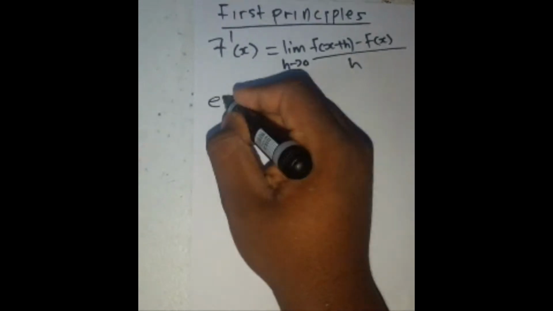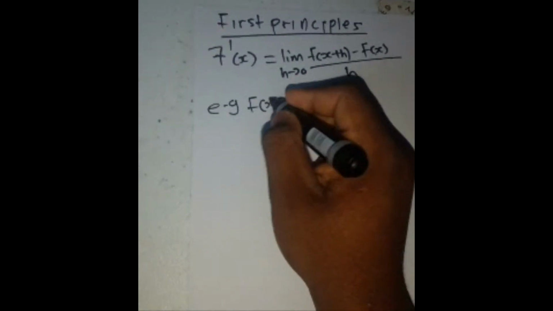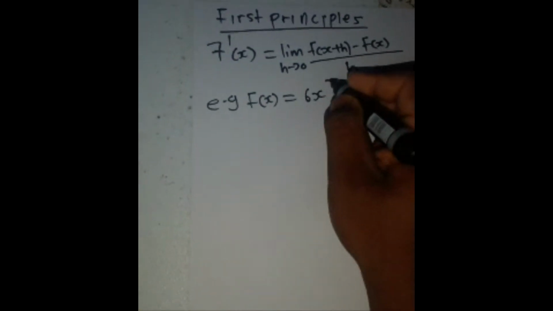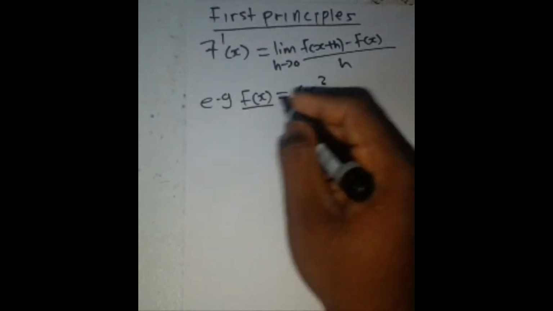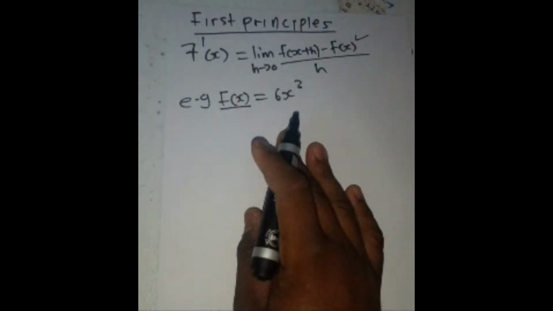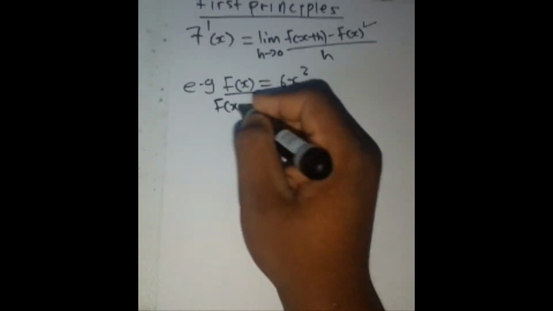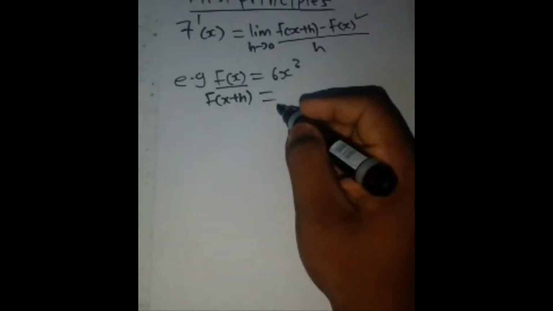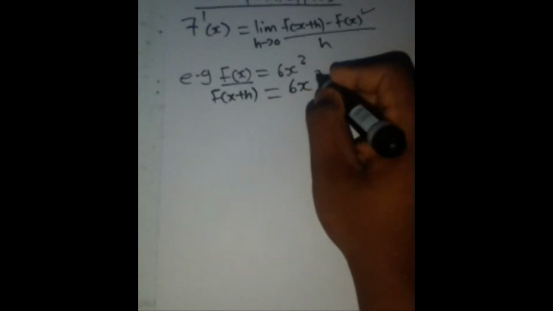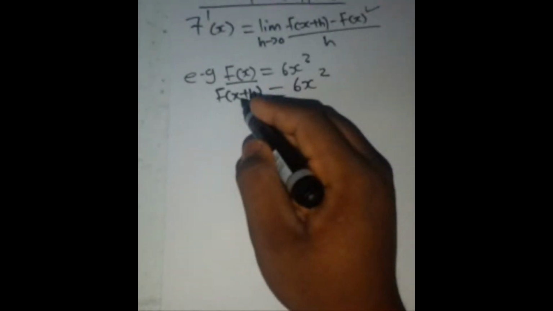So, for example, if they say f of x equals 6x squared, where there is f of x, put 6x squared. But now, let's go to this one. You write your 6x squared, right? But where there is x, you put x plus h.